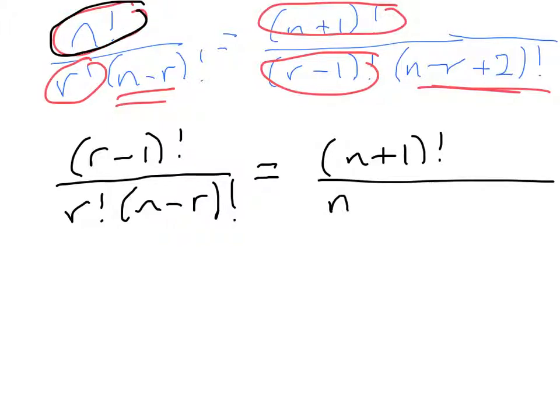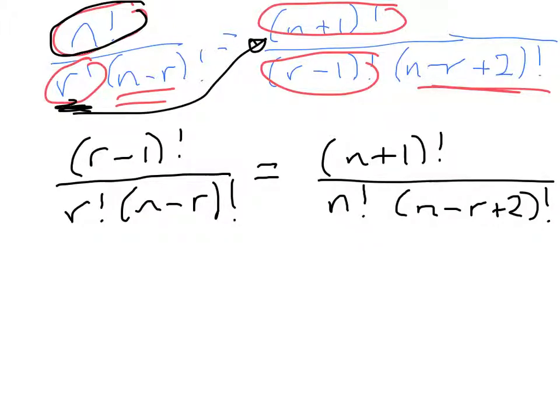I'm going to divide both sides through by that. So that's the first two bits of cross multiplying done, right? I've multiplied the r factorial over both sides, and I've divided both sides by the n factorial. Now the last one that I'll do is I've got an n minus r factorial here, and I've got an n minus r plus 2 factorial here.